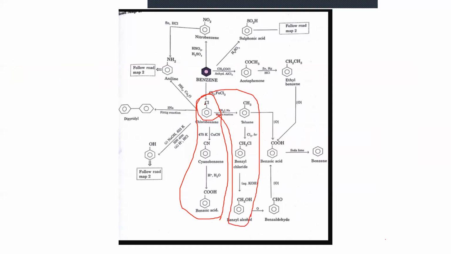How you can proceed: chlorobenzene is converted into toluene, that is a Wurtz-Fittig reaction. The toluene undergoes chlorination, and then the next step is hydrolysis using aqueous KOH.